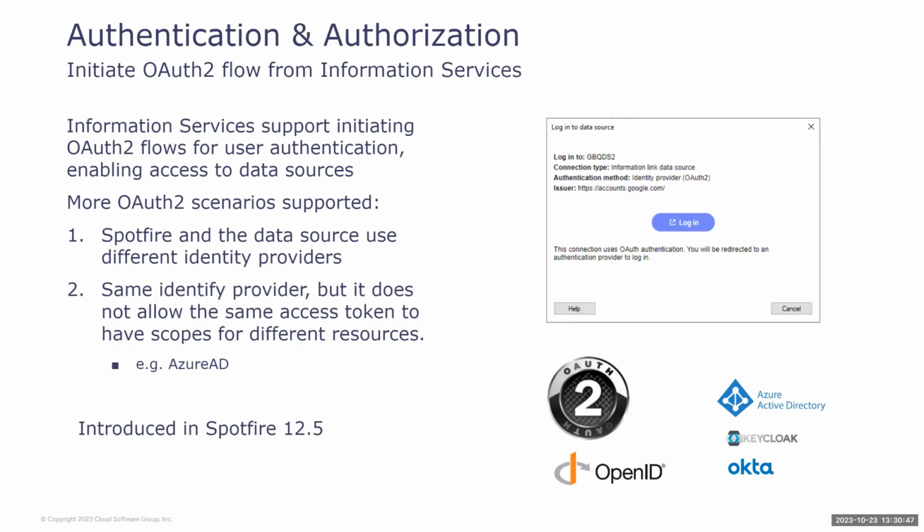So this is useful in cases where Spotfire and external data source use different identity providers, and also when using the same identity provider, but it does not allow scopes for different resources in the same access token requested through OIDC. So this is extending the OAuth capabilities already introduced earlier, where you can have SSO to data sources using the same identity provider as the Spotfire server.